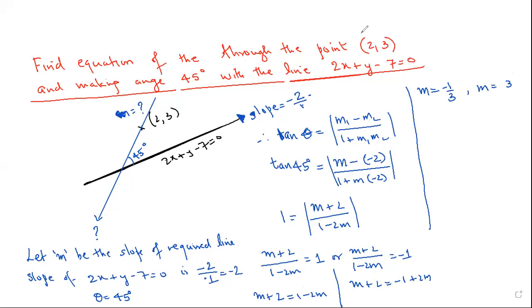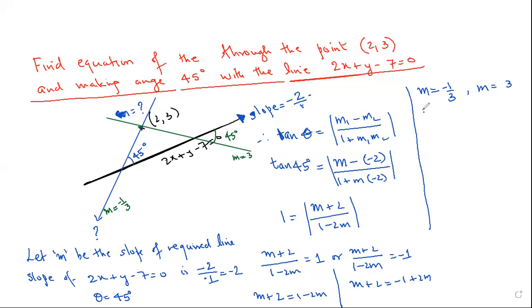So there are two lines passing through this point. One line I will draw in a different color. This is also making an angle of 45 with it and is also passing through (2, 3). If the slope of this is minus 1 by 3, then the slope of this will be 3.